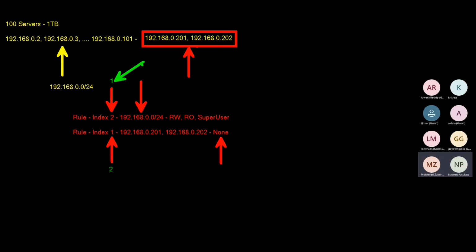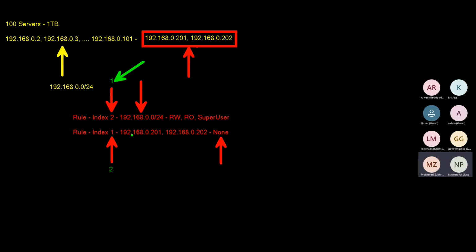Because it has the lower rule index value. As this is the preferred rule, these two servers also will get access to the volume, or whatever the storage is, because this rule will dominate the second rule.